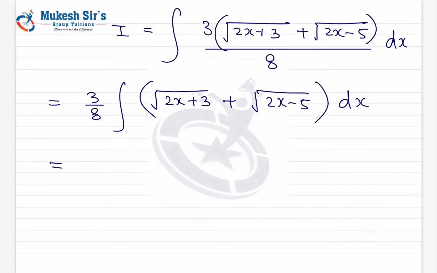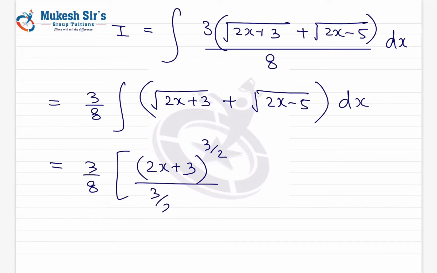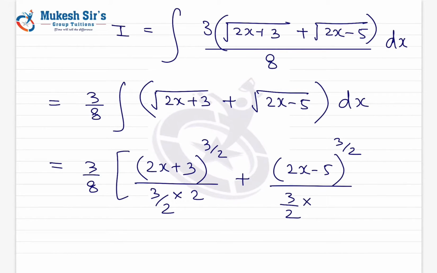So if you use that formula here, what will you get? 3 by 8 into bracket 2x plus 3 the whole raised to 3 by 2 upon 3 by 2, and divide the answer by the coefficient of x, so 2 will also come, plus 2x minus 5 the whole raised to 3 by 2 upon 3 by 2 into 2 plus c.